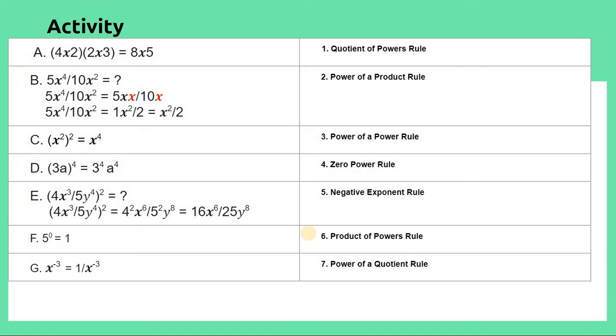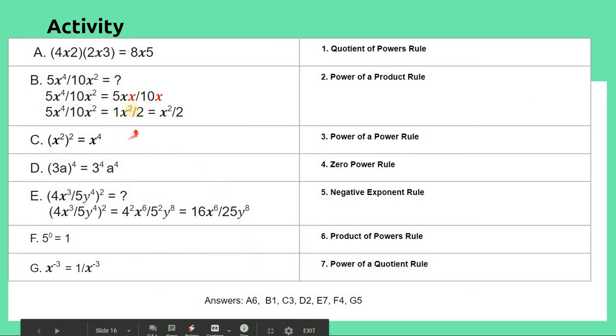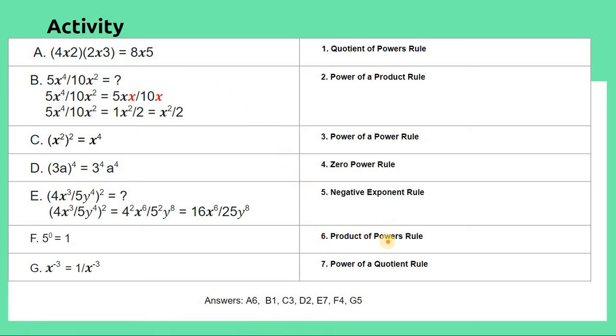Okay, so I assume you are already done answering. So let's look ahead and see what are the answers. So these are our answers. So yung letter A natin, this one is product of powers rule. B is quotient of powers rule.